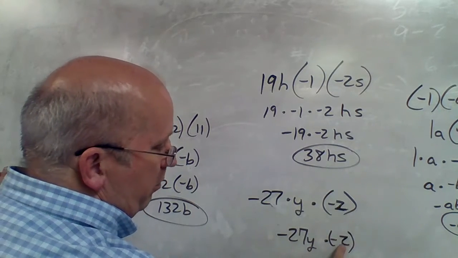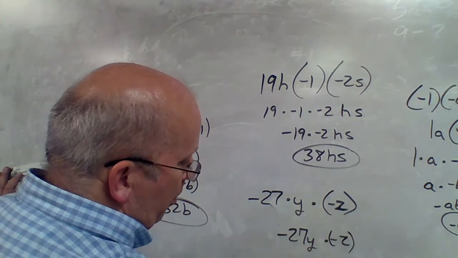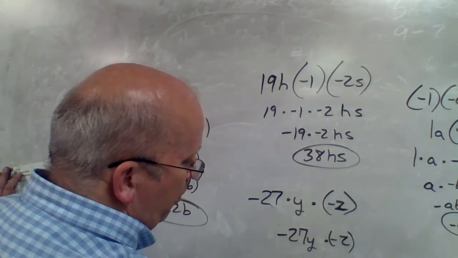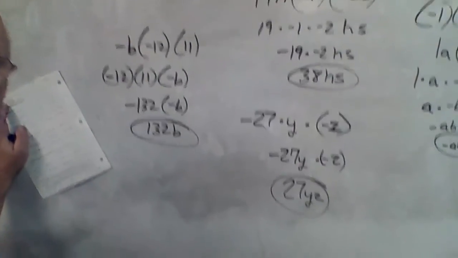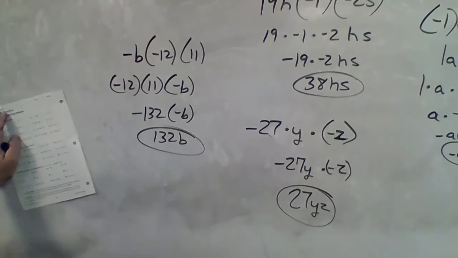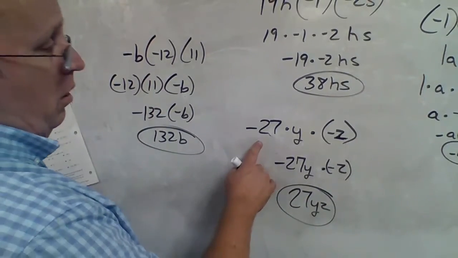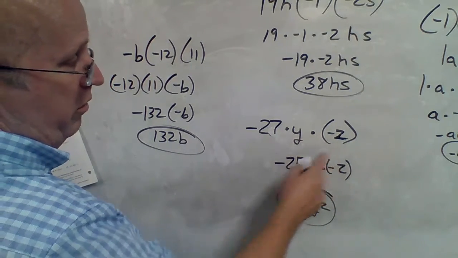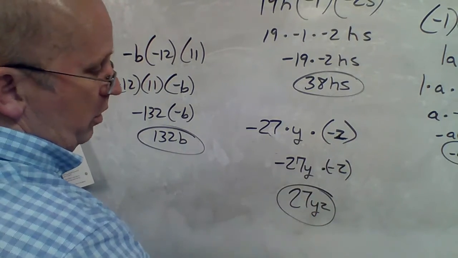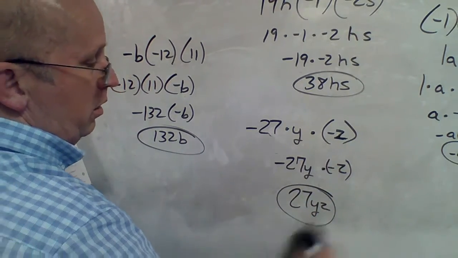A negative times a negative is a positive, so it'd be 27yz when we're done. Did that go off the screen? Yes, it did. Sorry about that. So a negative times a negative is a positive, right? We get 27 times y times z.